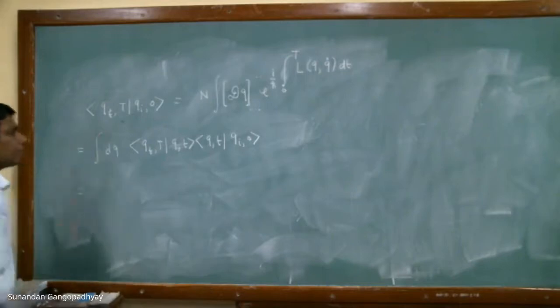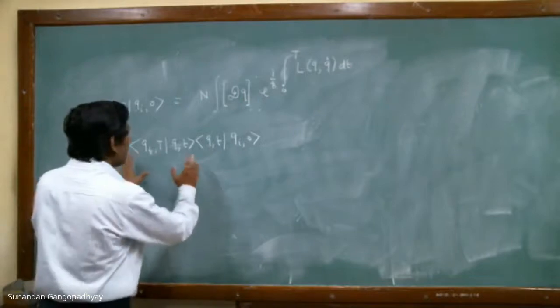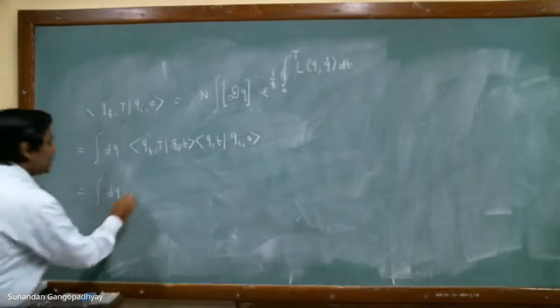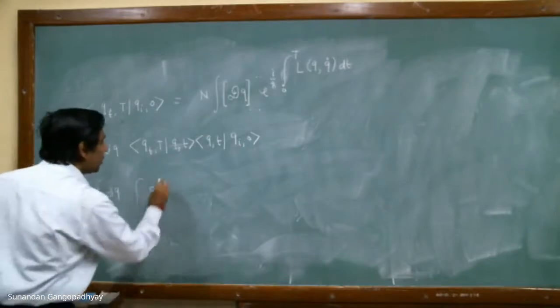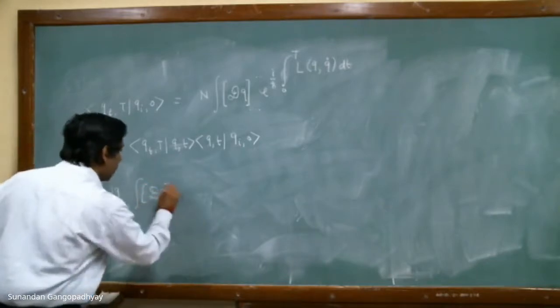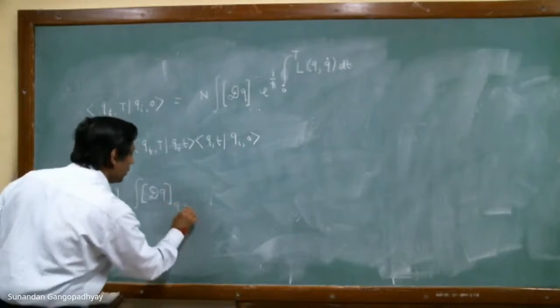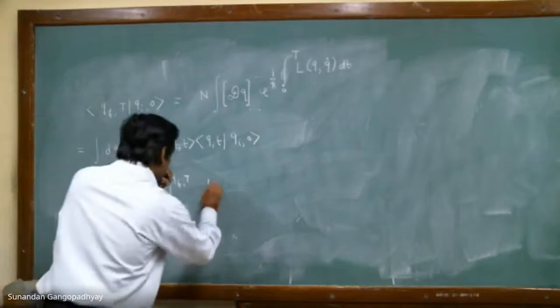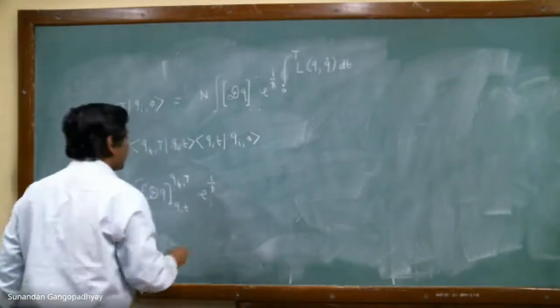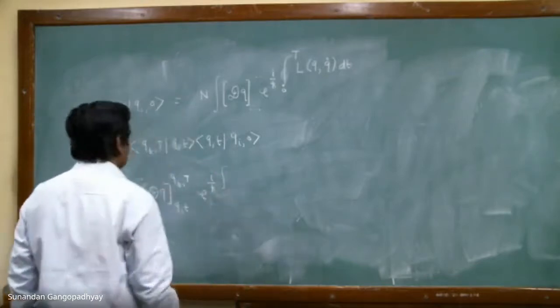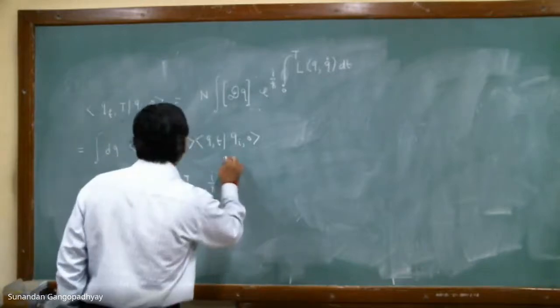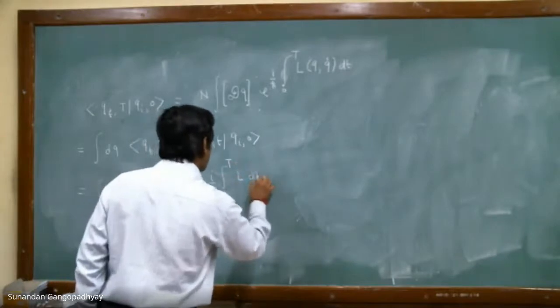This obviously runs from minus infinity to plus infinity. You have an ordinary integral over q, and you have two propagators, but each of the propagators you can write as path integrals. So this will be the path integral Dq, but now the boundary condition will be from q at t to q_f at T for this propagator, times e to the power of i by h bar, integral from small t to capital T of L dt.